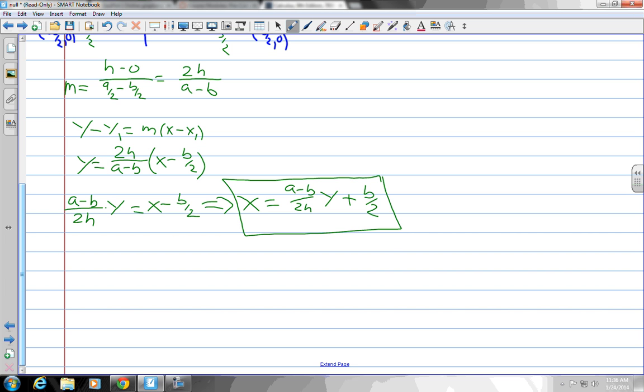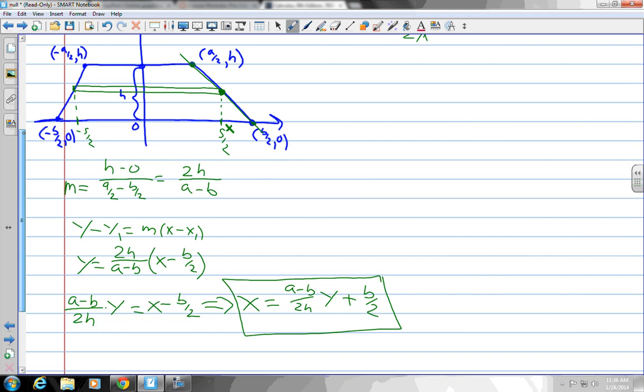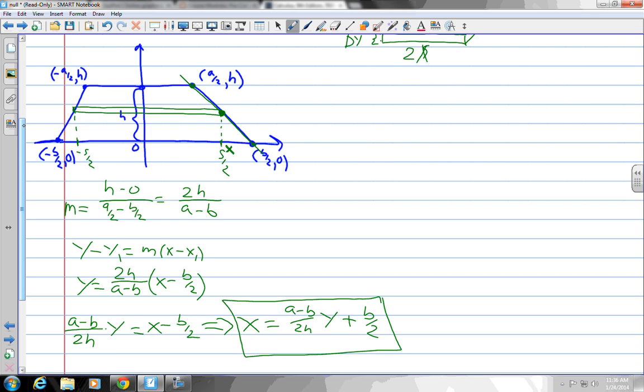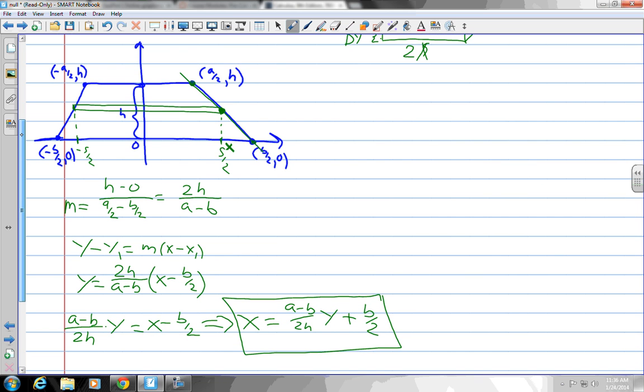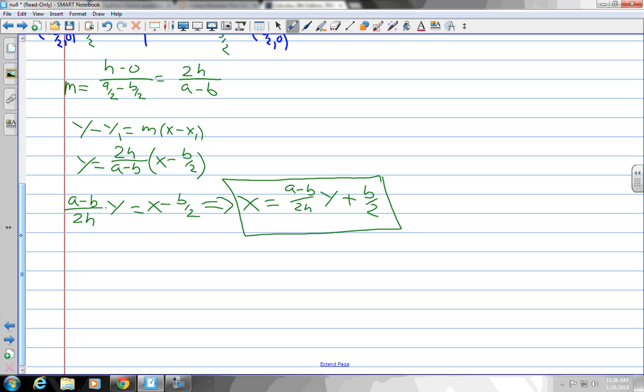Right? Well, so this is just x. So what is the length of this whole side? 2x, right? So therefore, 2x would equal a minus b over h times y plus b. Right?